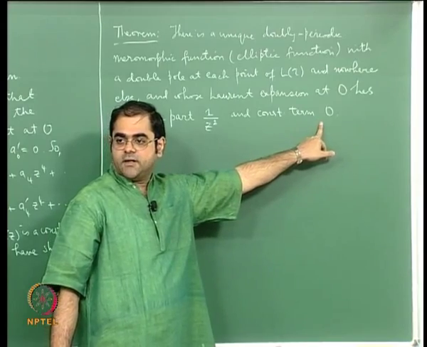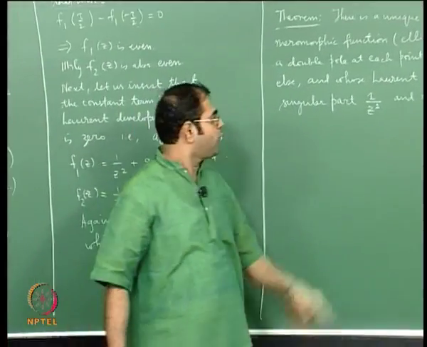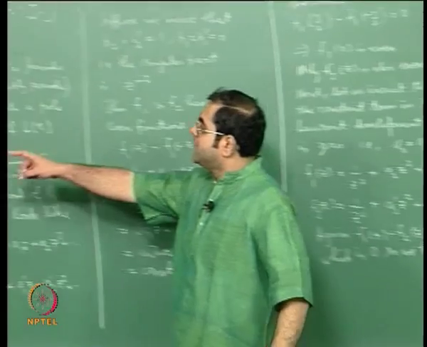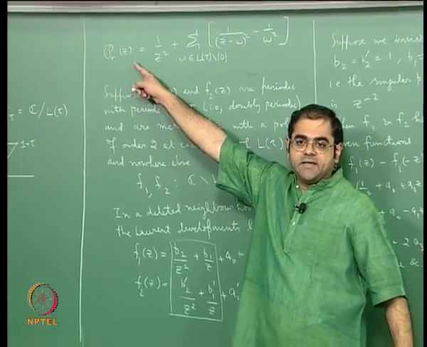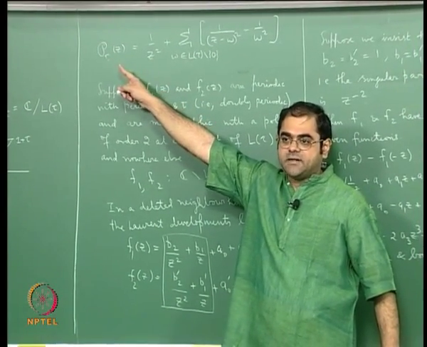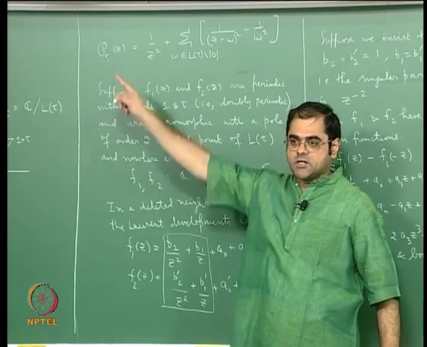So this is what the discussion shows. Now I am going to call that function the Weierstrass Phe function, that unique function, associated with the torus.